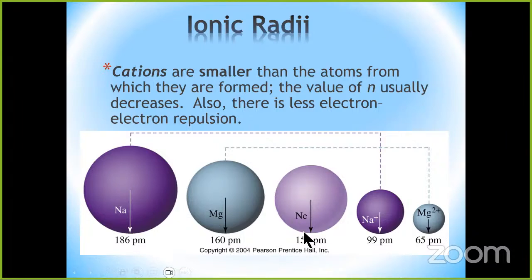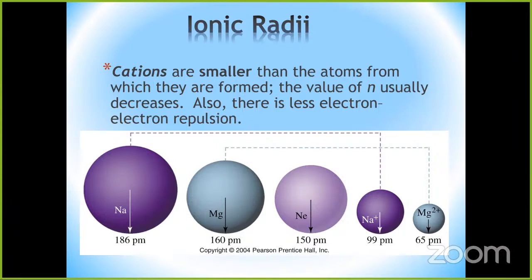So that's the reason why magnesium ions are smaller compared to the magnesium atom, and the sodium ion is small compared to the size of the sodium atom, all right? So basically it comes down to less electron repulsion when you compare the cation to the atom from which it is formed, all right? So that's as far as the cations are concerned.